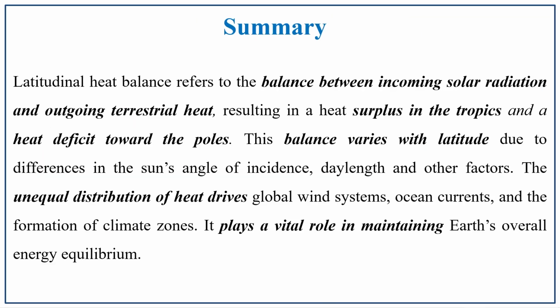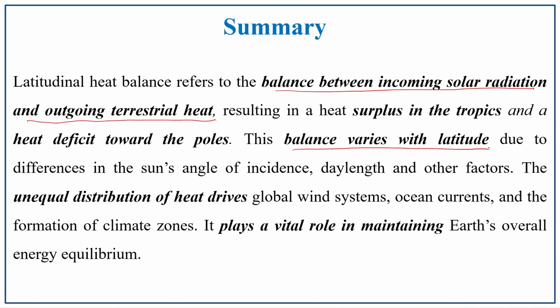To summarize the entire discussion, the latitudinal heat balance refers to the balance between the incoming solar radiation and outgoing terrestrial heat. It is a result of what? Heat surplus in one region, that is the tropics, and heat deficit in another region, that is the polar region.